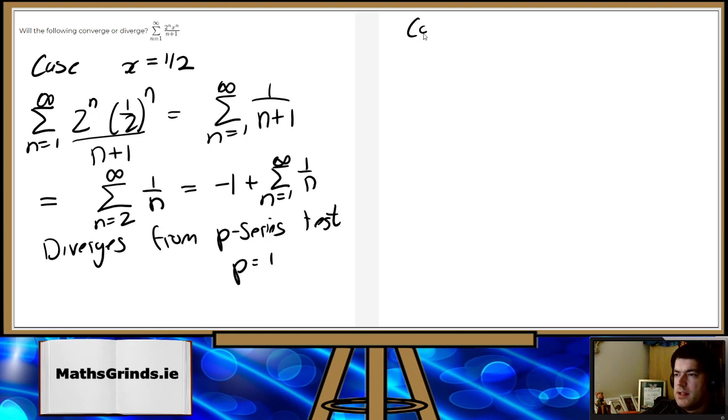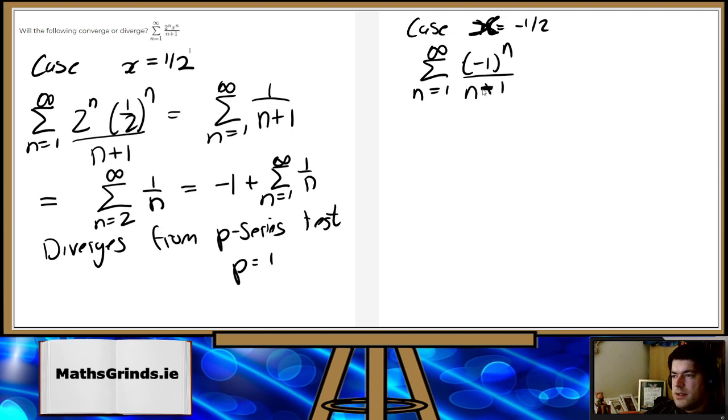Now, what about the case when x is minus a half? I think you'll get this guy here, the sum from 1 to infinity. That's minus a half, so it doesn't quite cancel. You're left with minus 1 to the power n over n plus 1.